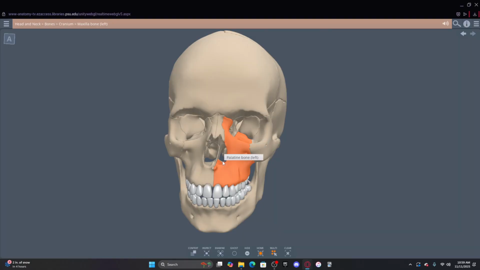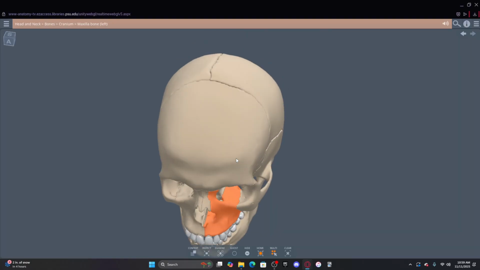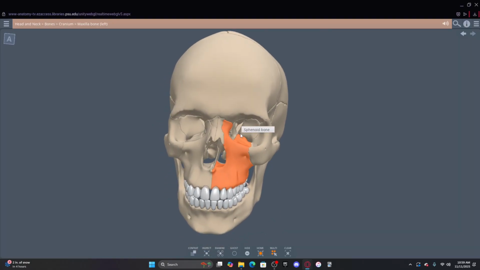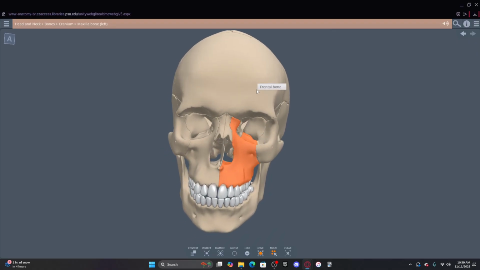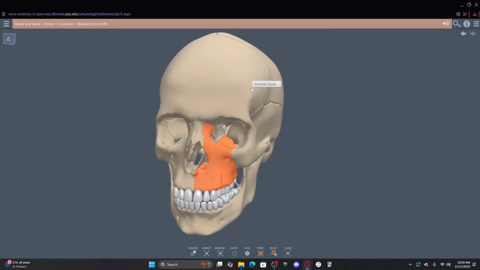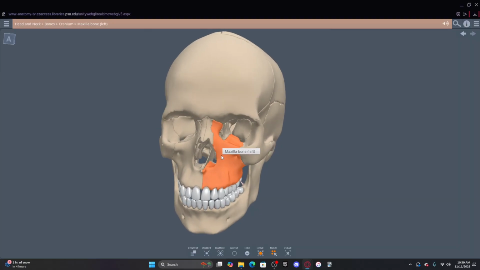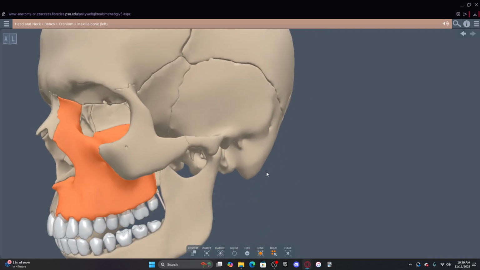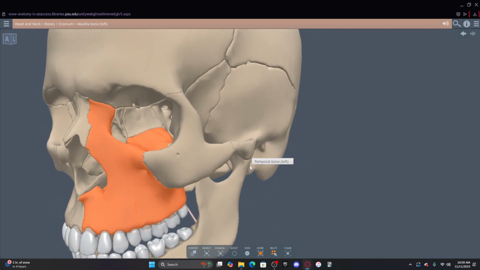So on the inferior aspect of the nasal cavity and the orbit, your maxilla bone is still comprising these two locations. In saying that, this acronym, I like to use my left eye sees. So maxilla is the first bone of that acronym.